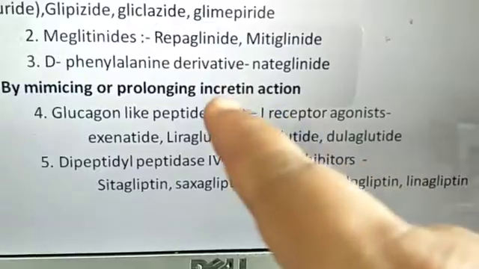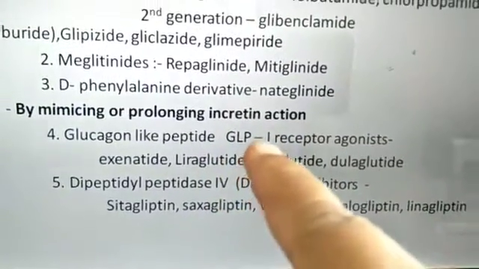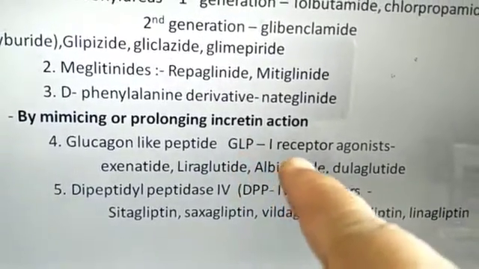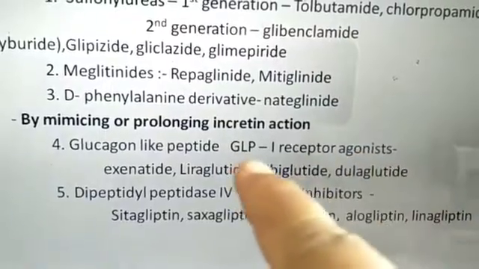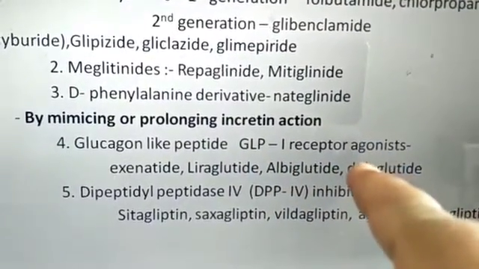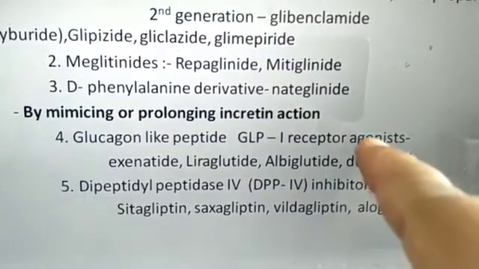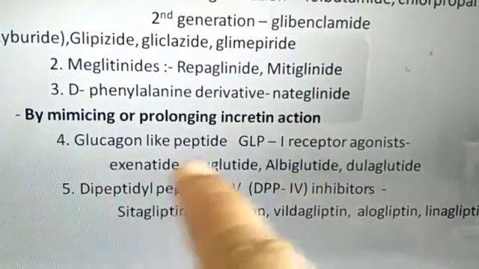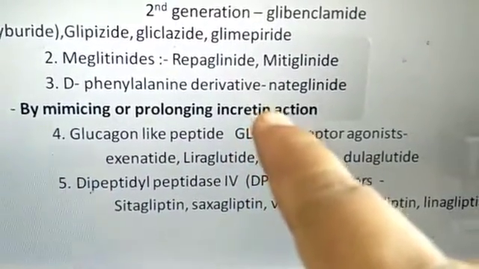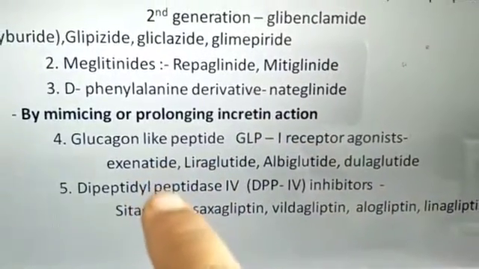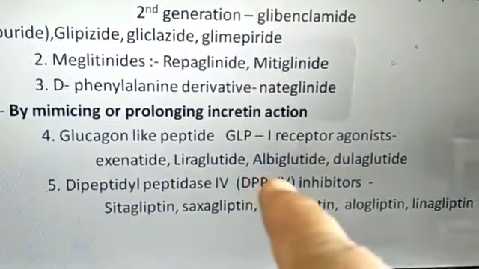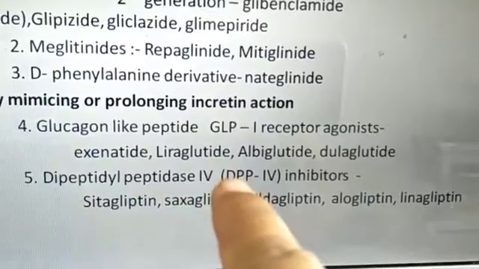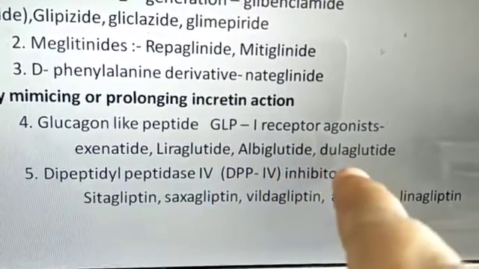It is a gut hormone and it increases the secretion of insulin from beta cells in response to glucose. The GLP-1 receptor agonists will enhance the insulin release, because these drugs mimic the effect of GLP, which is one of the incretins. Drugs are exenatide, liraglutide, albiglutide and dulaglutide.